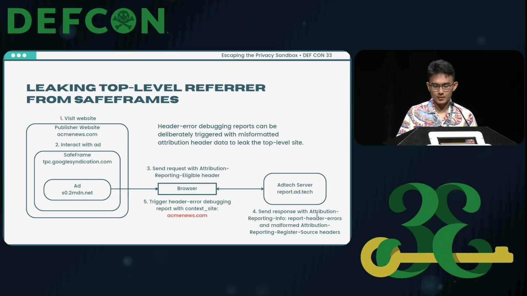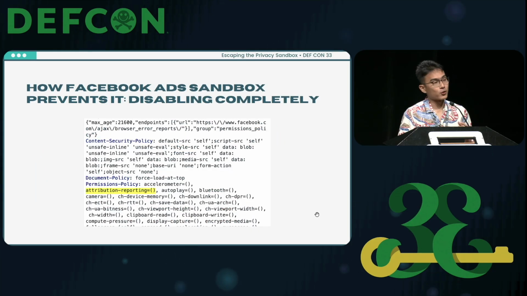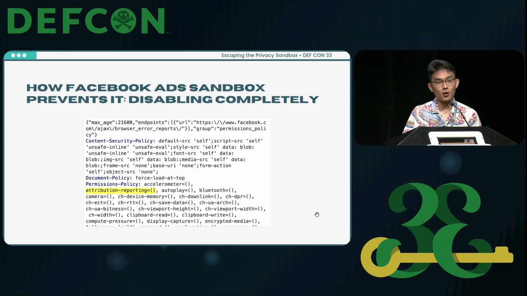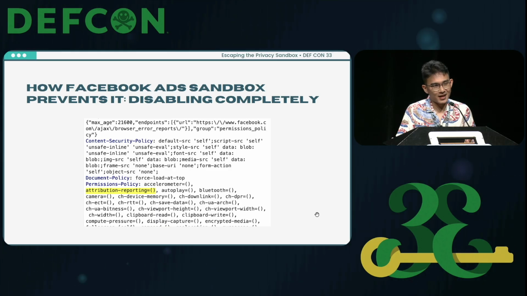So this effectively subverts some of the protections in older advertising technology that may not have accounted for this new API. What was pretty interesting was seeing how various advertising platforms dealt with this. If you look at Facebook ads, which doesn't use SafeFrame but has its own sandbox domain, they've essentially disabled the Attribution Reporting API completely using the permissions policy header. And I think that probably makes sense.